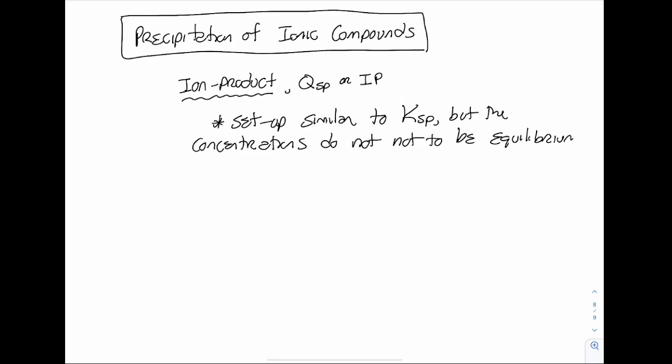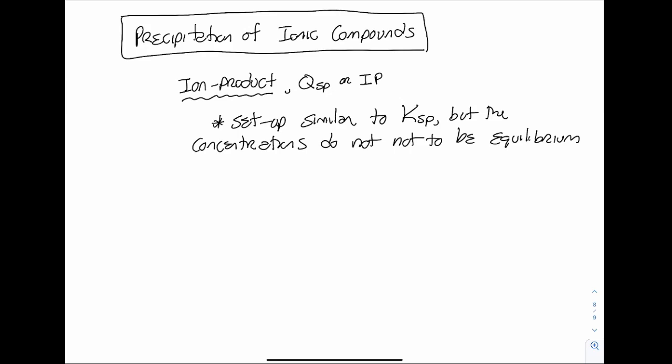And I probably didn't actually make a big deal in the original video where we started talking about Ksp that they needed to be equilibrium concentrations. I'm assuming at this point that you know, because we're solving for an equilibrium constant, my concentrations do need to be at equilibrium.